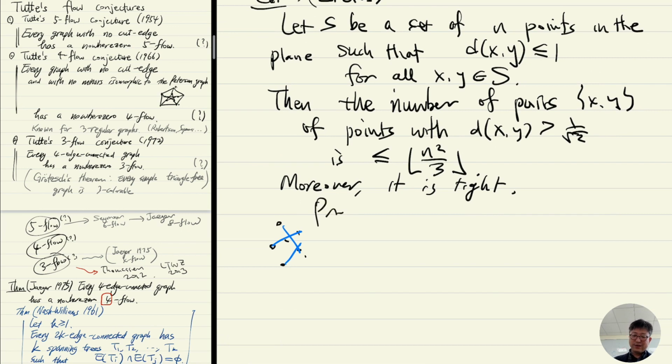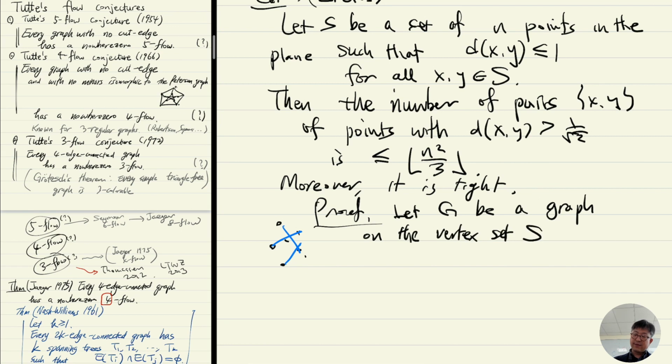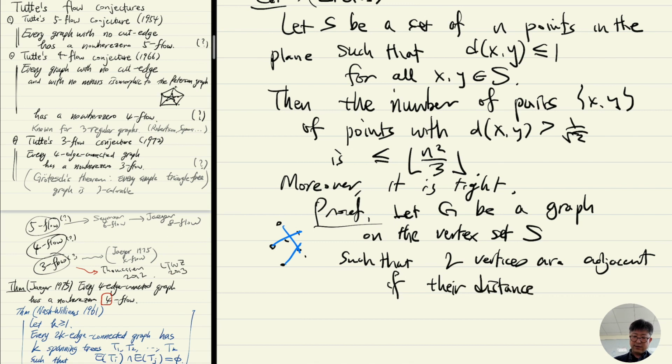And what's the proof? The proof is, let G be a graph on the vertex set S, such that 2 vertices are adjacent if the distance is bigger than 1 over square root 2.